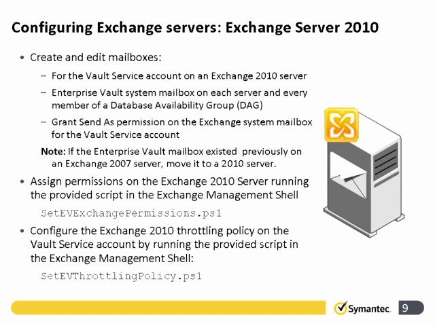Well, for the Vault service account, that limitation of the throttling policy does not allow sufficient concurrent connections for Enterprise Vault to do its job. So we're going to create a custom Exchange throttling policy by running the Set-EVThrottlingPolicy PowerShell script.